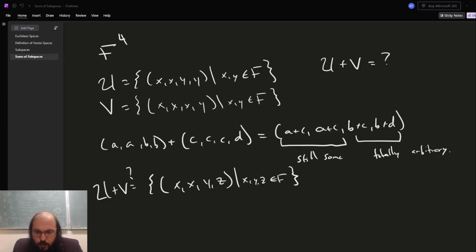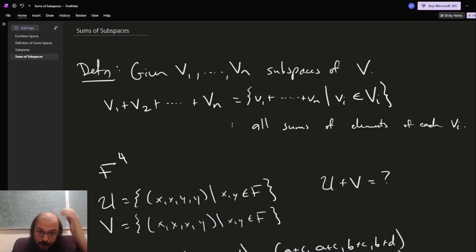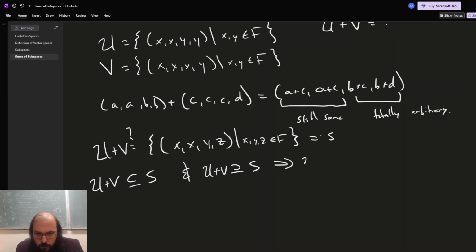So now I want to prove that. In order to prove it, I have to use the definition. Let's call this set S. I will show that U plus V is a subset of S, and also that U plus V contains S, and therefore they're equal.